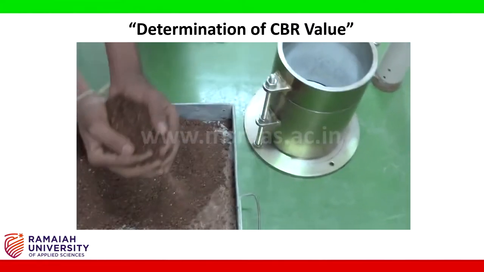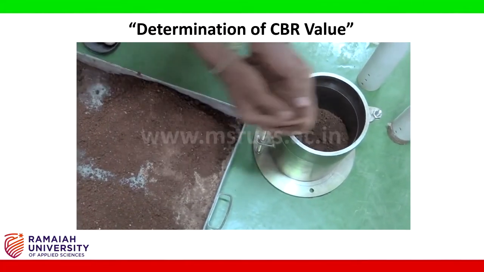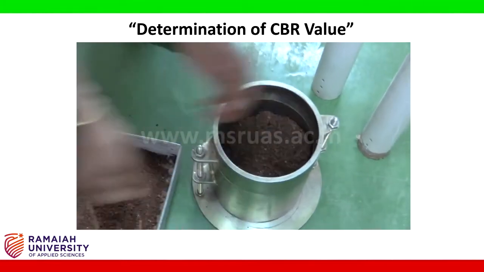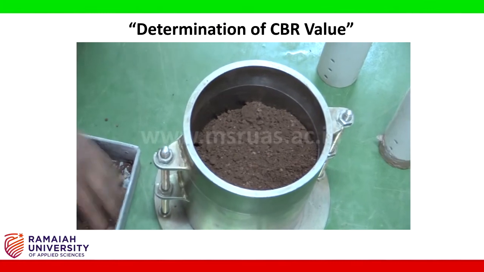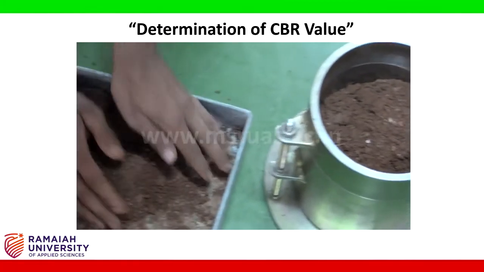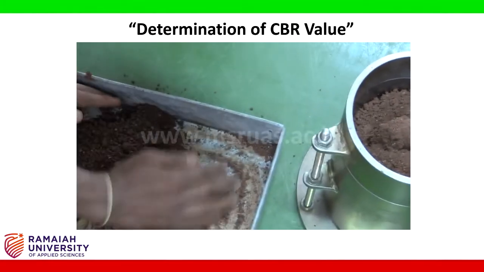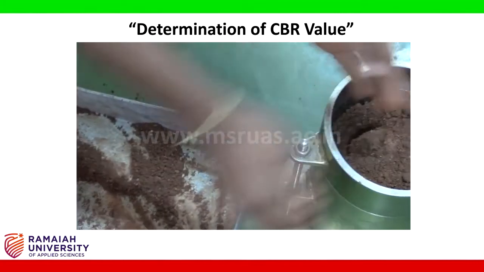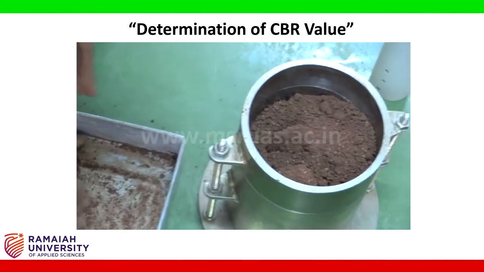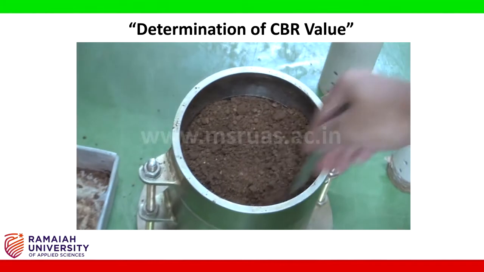This would be the first layer for compaction. Drop the material freely, taking care that it doesn't get segregated at one single place. Ensure that all the lumps are broken and evenly distributed in the mold.